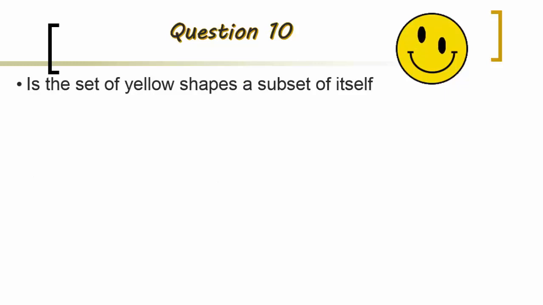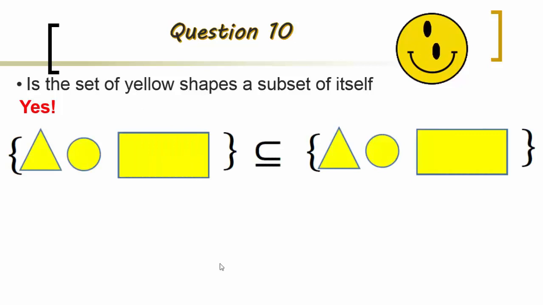In question number 10, we are going to look back at our yellow shapes and see, is it a subset of itself? Yes, because according to our definition, the entire set can be a subset of itself because we have that equal sign.